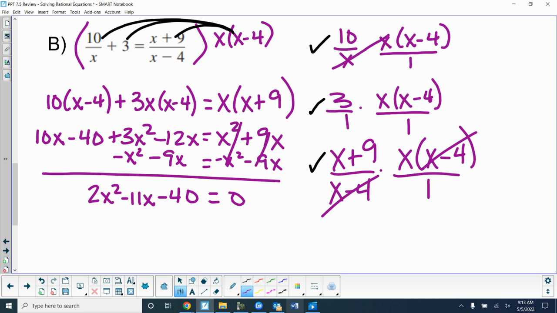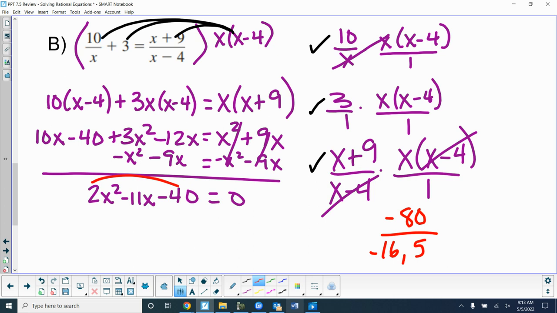So, if I factor this, I got to multiply 2 times negative 40. That's negative 80, right? What are the factors of negative 80 that will add up to negative 11? 5 and 16. 16 would be negative, and 5 would be positive, right? Thanks, Connor.